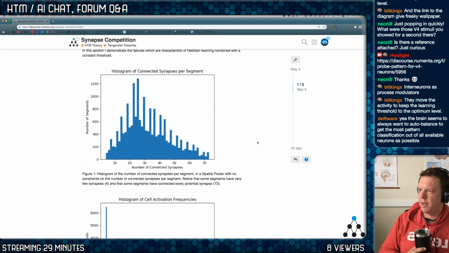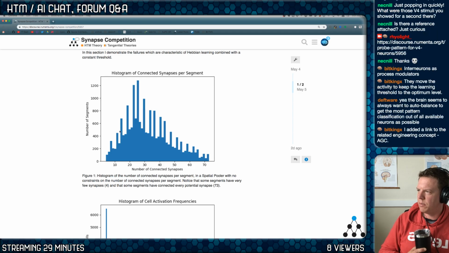Number of connected synapses per segment. So, number of connected synapses on the bottom here. So this is sort of interesting. These big numbers here, that's the problem. I think he's trying to state that some of them have two lines here, right?